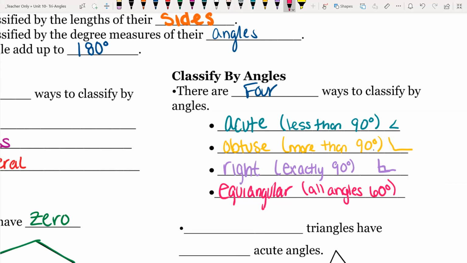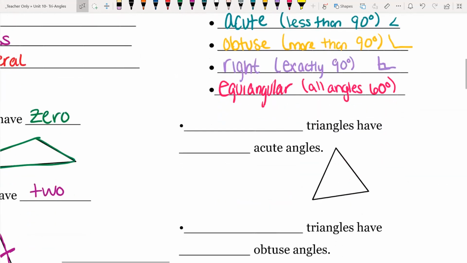So let's talk about the first type of triangle. Acute triangles have three acute angles. So they're all less than 90 degrees. Because remember, 90 would come out like this, or like this, so it'd be exactly square.